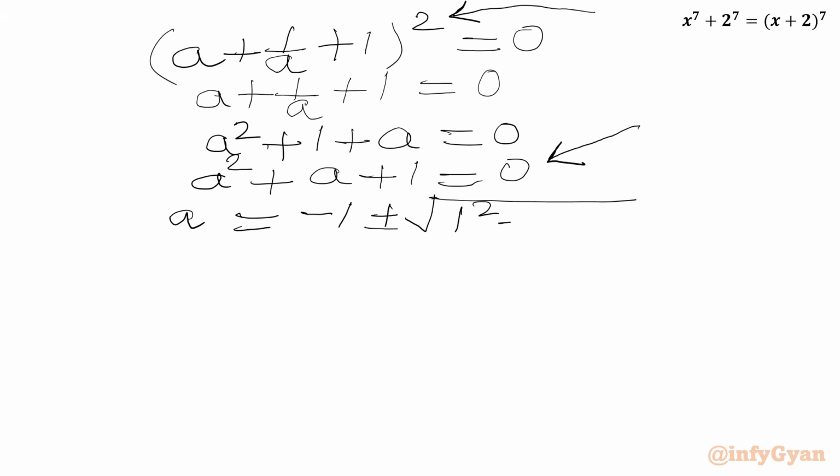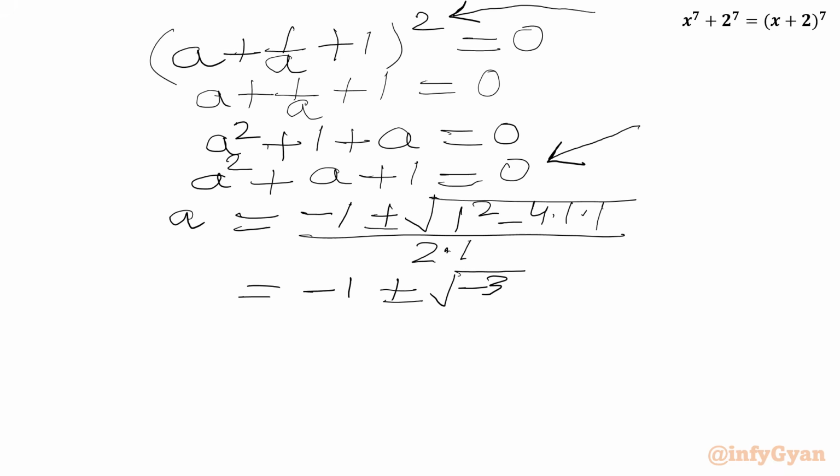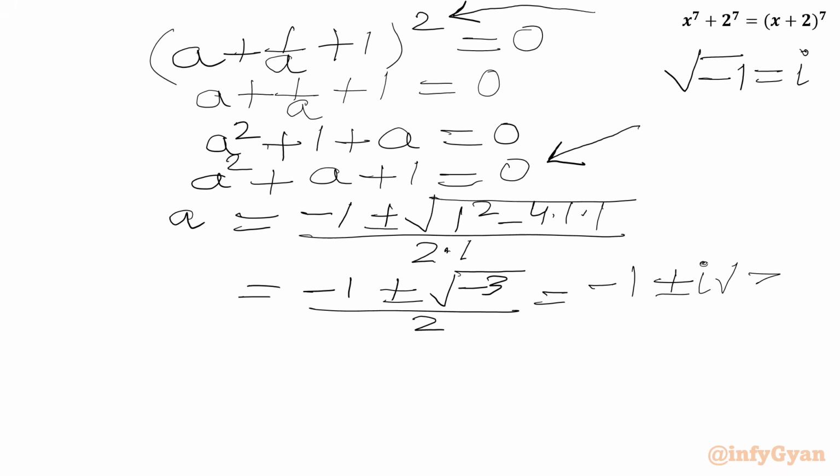So 1 square minus 4 times 1 times 1, over 2 times a, which is 2 times 1, will be equal to minus 1 plus minus square root of 1 minus 4. So I can write minus 3 over 2. Now we know that square root of minus 1 is the complex number i. So we can write here minus 1 plus minus i square root 3 over 2.